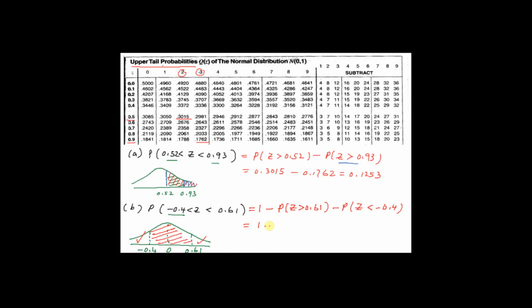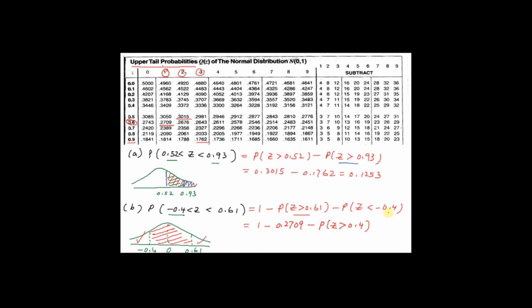This is equal to 1 minus, this is the upper tail probability, more than 0.61. So you are searching for 0.61 here. So the probability is 0.2709. Now you need to find the probability Z less than negative 0.4. Remember I told you, because this curve is symmetrical, this is also equal to the probability Z more than 0.4.